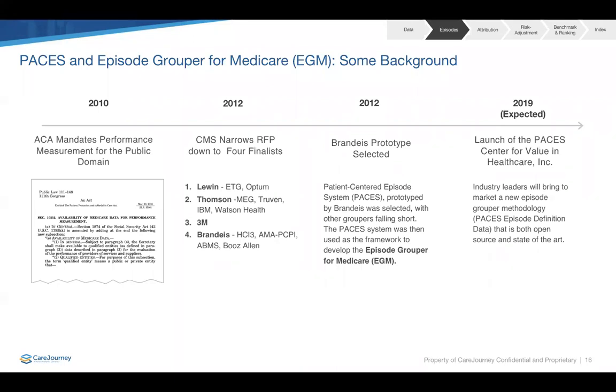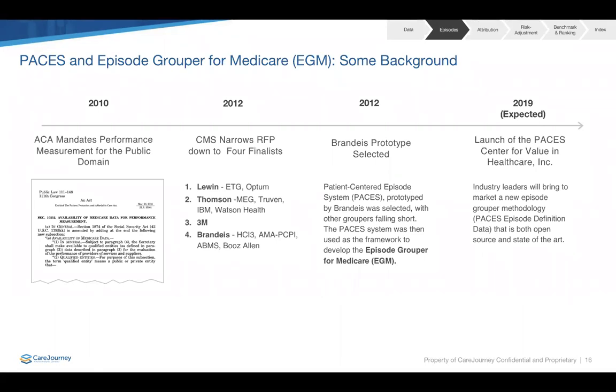Under the leadership of Brandeis and a number of other stakeholders, CareJourney is honored to be on the team to help bring that open source grouper to life and have committed to ensure that we have a much more transparent and customizable framework for developing episodes for purposes of total cost of care and outcomes measurement.